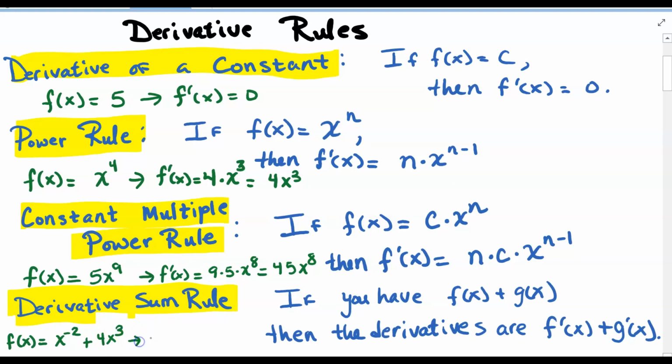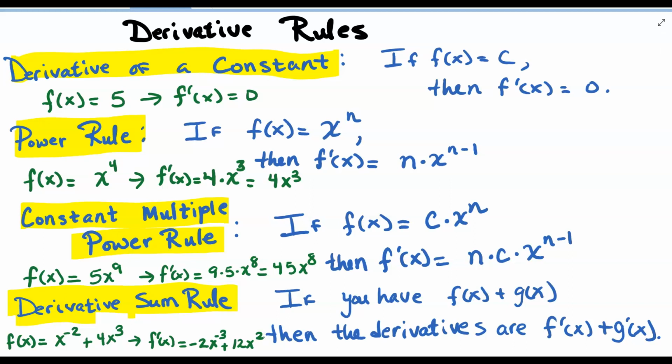Then my f prime of x, and I'm glad I picked a negative exponent there, I'm going to bring down the negative 2, so the negative 2 comes in front of x, and negative 2 minus 1 is negative 3, plus 3 times 4 is 12, x to the 2nd power, because you subtract 1. So that's what something like that would look like. And of course you could adjust this and work with the negative exponents, but I'll leave that to you.